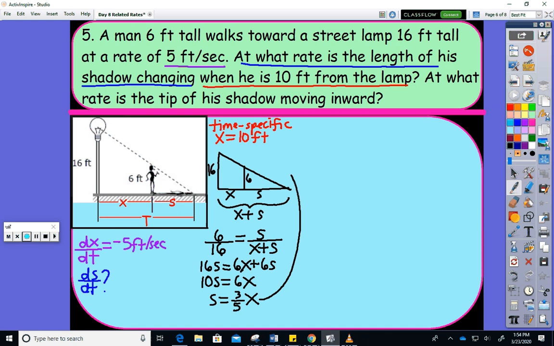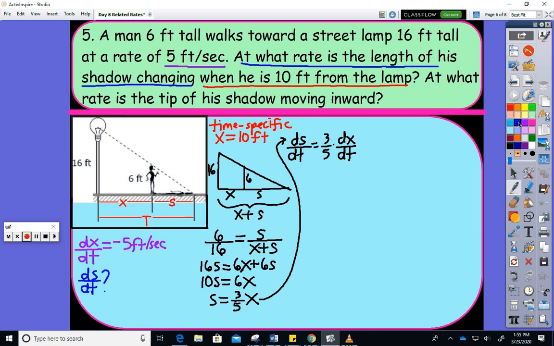So from here, I'm going to say that ds/dt, because I'm beginning my derivatives, equals 3/5, the derivative of 3/5 x is just 3/5, times dx/dt. I'm going to start plugging in.